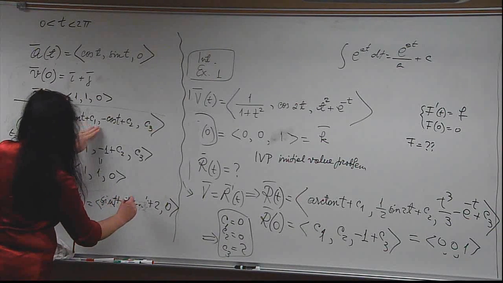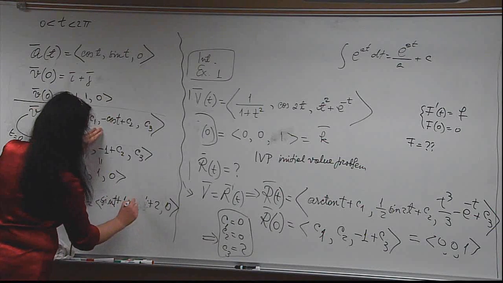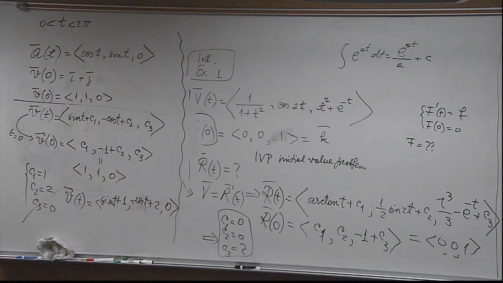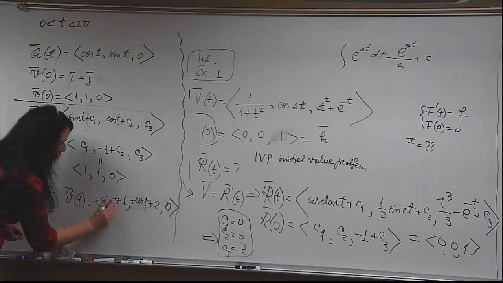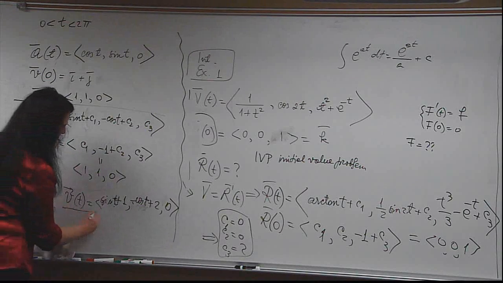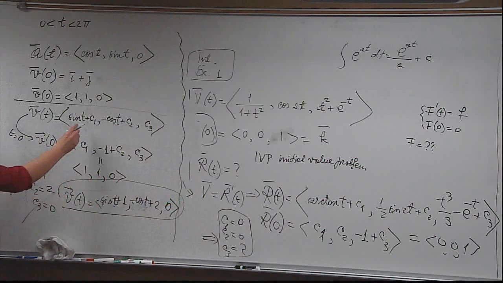Yeah. Minus cosine t. I'm done. Okay. Too close. So, thank you for telling me. So, sine t plus 1, minus cosine t plus 2, and 0 are the functions that I put here by replacing c1, c2, c3.